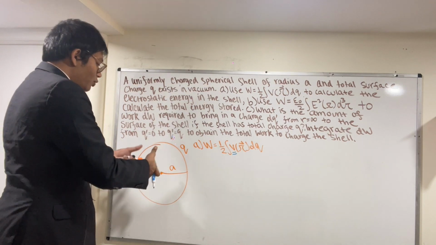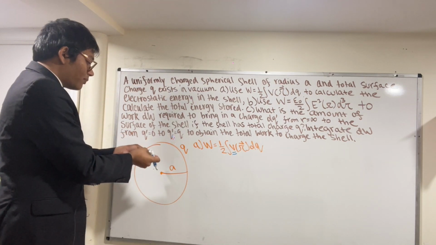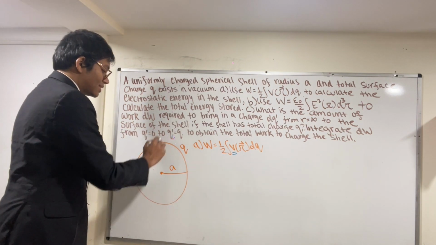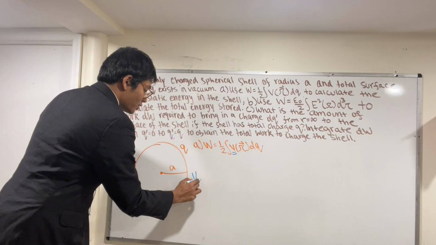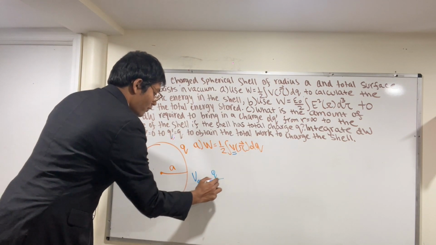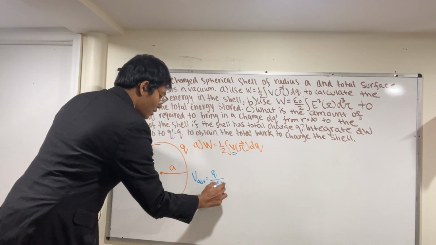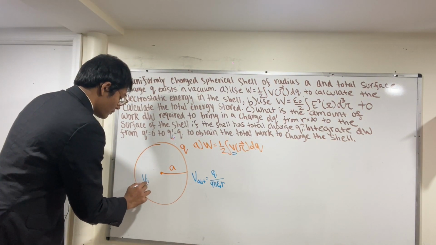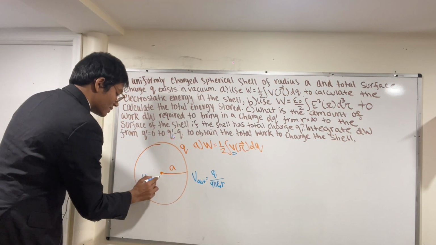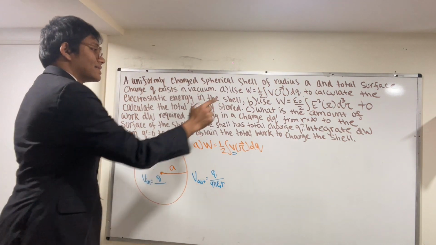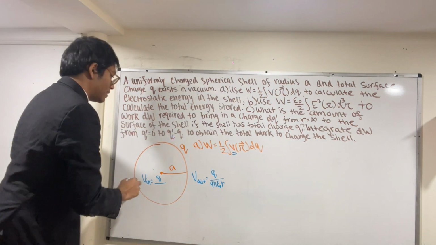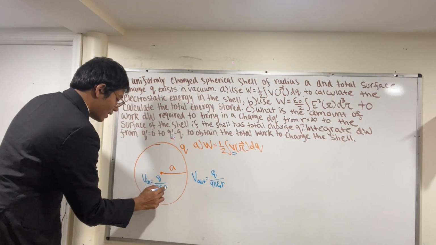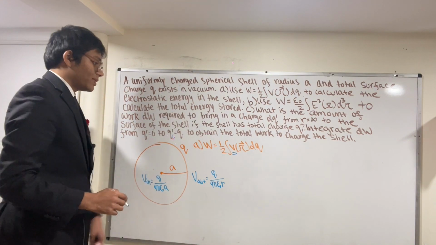Due to the shell theorem, we can simply consider this a single point of charge with a magnitude of Q. And so the potential outside will simply be the potential for a point charge, which would be Q over 4 pi epsilon naught R. And the potential inside would simply be this potential, but stuck at the radius. So Q over, is this capital Q here? No, it's lowercase q. Surface charge lowercase q over 4 pi epsilon naught A. So here's the potential inside, here's the potential outside.